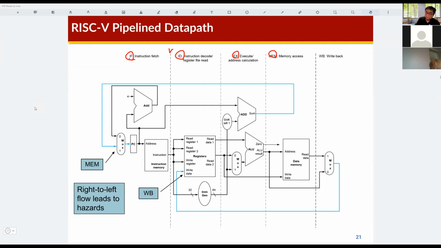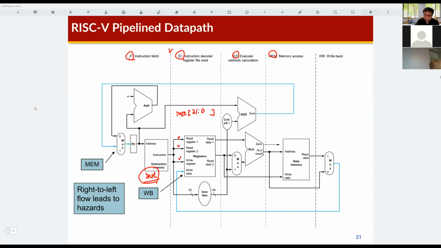Okay, if you see this figure, we can see how the instruction flows through these 5 stages, right? The instruction is fetched from the instruction memory. As we learned, it is a 32-bit instruction, bits 31 to 0. Each field is given to the input port of the register file.